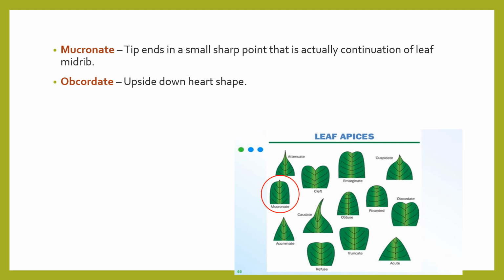Another one is obcordate. The obcordate shape or apex, for the obcordate blade shape, is where the notch is inward, like this one.